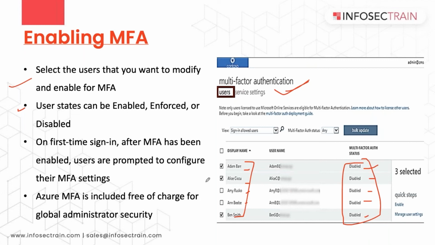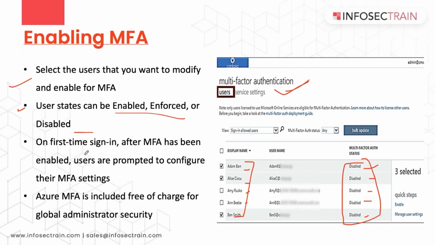So that is your enabled state, that you have enrolled that user to do the multi-factor authentication. And enforce is when the user has selected that he will use a particular authenticator app on his phone to verify himself. Once he sets that up, it becomes enforced. So three states are going to be there, and we will see this practically.